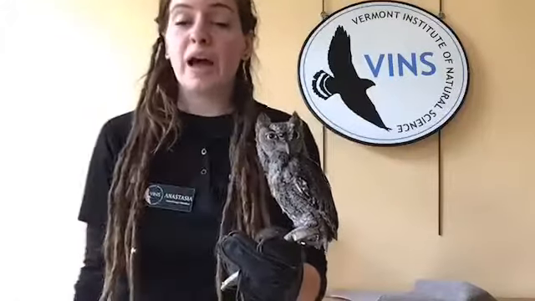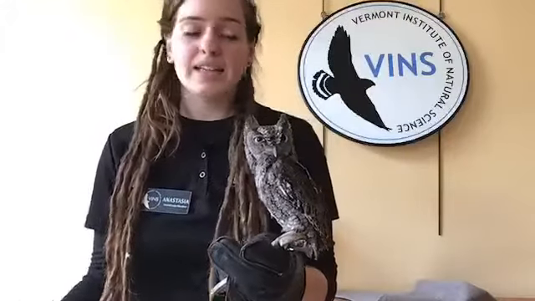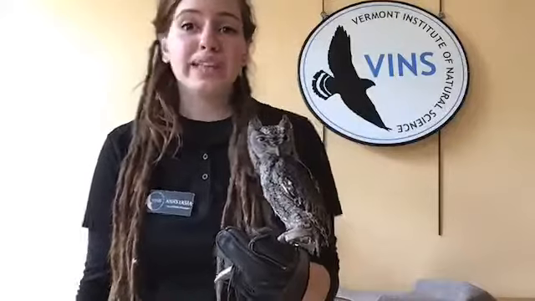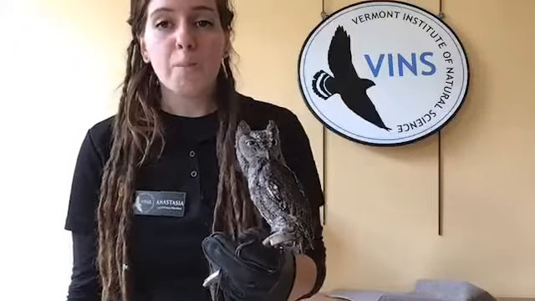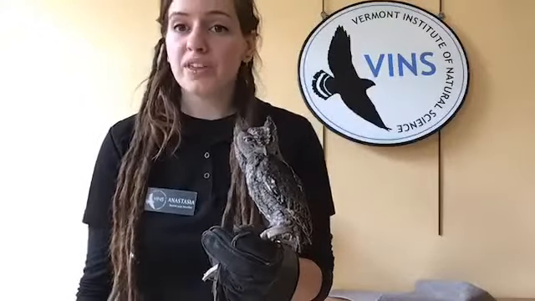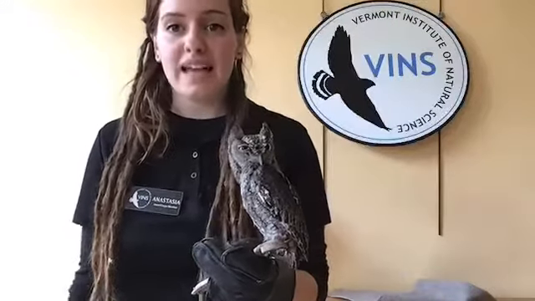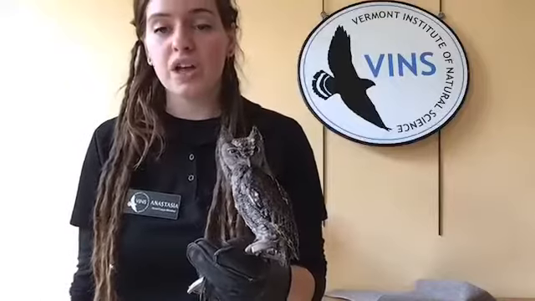But one big difference about the American kestrel and the eastern screech owl is that they have different hunting styles, and they do live in different habitats. But they actually are both cavity nesters, and they occupy the same size nest as the American kestrel.